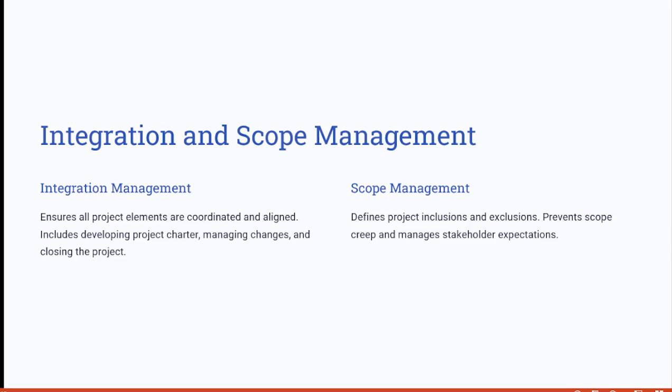Integration management deals with ensuring smooth execution across the project's different aspects, and it includes activities like developing a project charter, managing changes, and closing the project. Also, scope management prevents scope creep by ensuring that only approved work is done and the stakeholder expectations are properly managed.